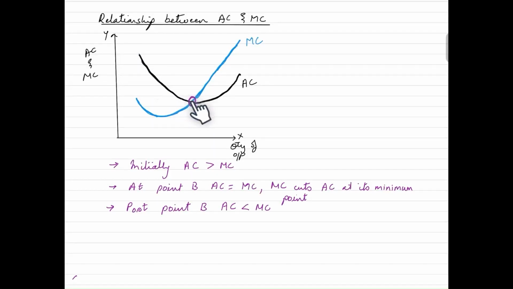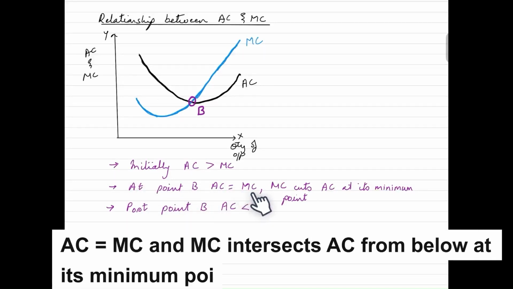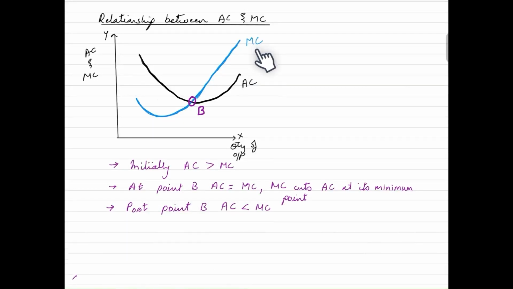Now this is the second phase here, where at point B AC is equal to MC, or we can say that average costs are equal to marginal costs. Now in this case, we need to remember that the marginal cost curve is intersecting the AC curve at its minimum point. This is simply because the production of each additional unit of output is neither increasing nor decreasing the average cost of production.